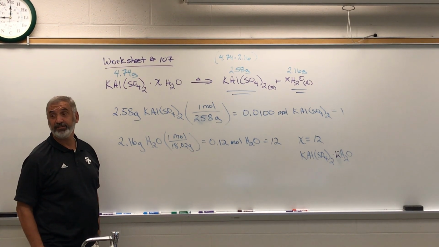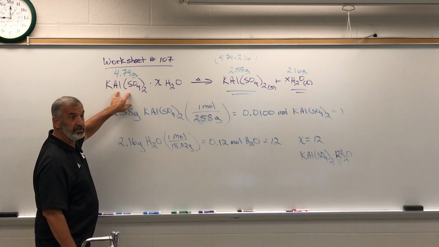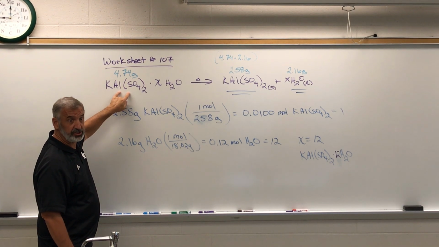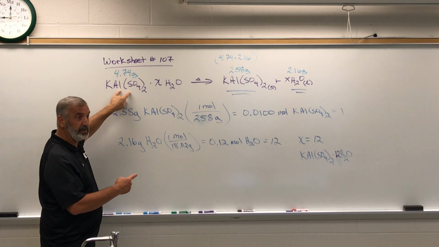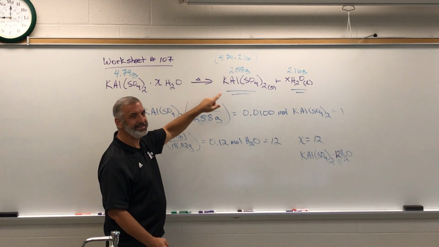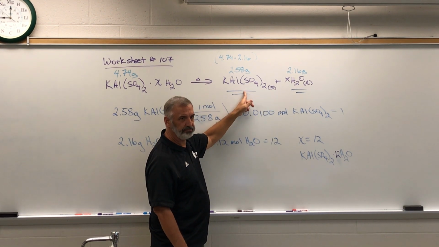Okay, so that's kind of an example of what you need to know. You've got to make sure on your numbers, because what you did is we weighed this into the evaporating dish here, approximately 2 grams, heated it up, weighed it again. So the amount that it went down was the water, but we got to make sure that we get this mass right.